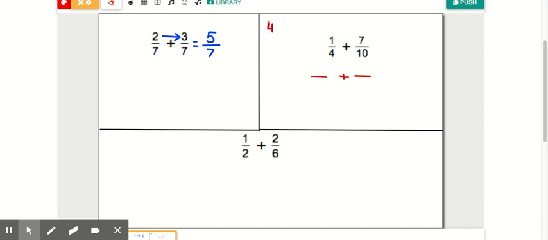To show that again, here's my multiples of 4: 4, 8, 12, 16, 20. And my multiples of 10 are 10, 20, 30, but I just have to go to 20 because I'll see here that 20 is my least common multiple. So that's my least common denominator. So now I can rewrite both of these fractions with 20 as the denominator.